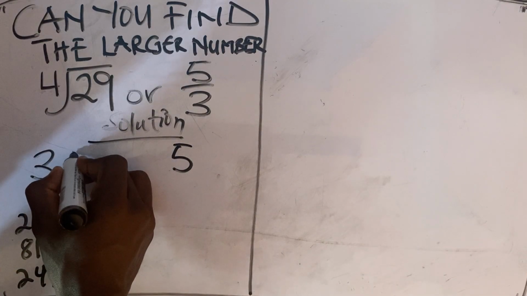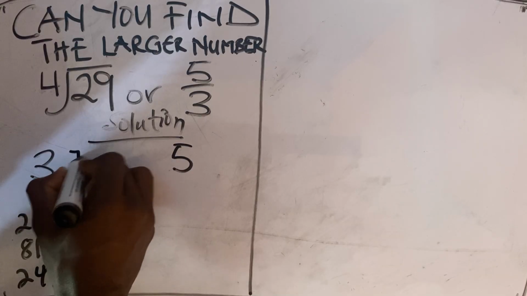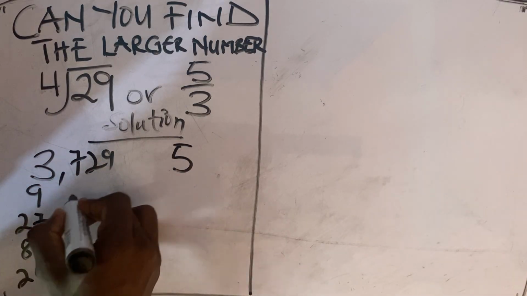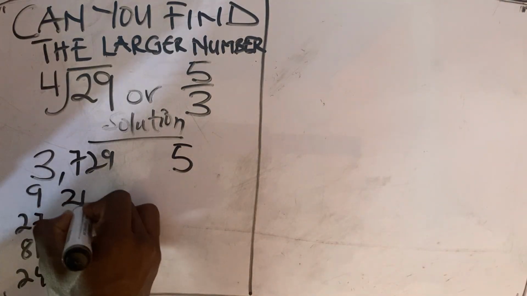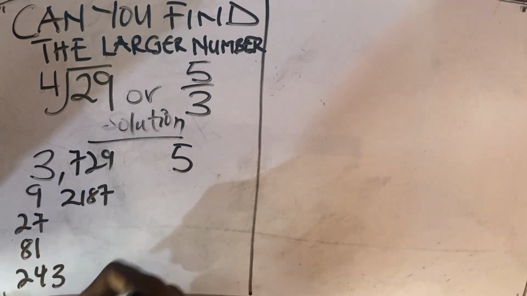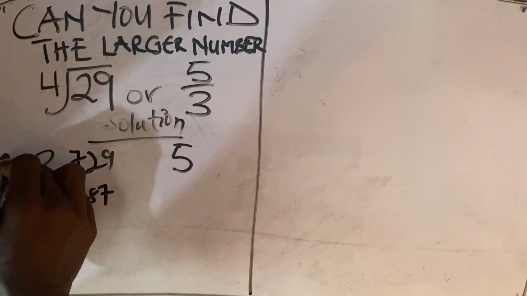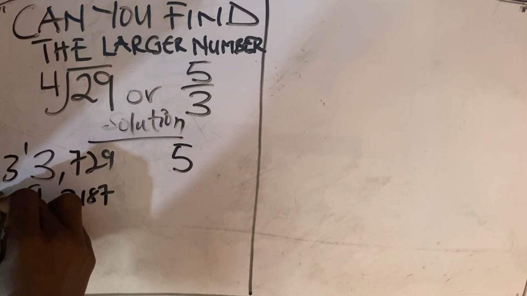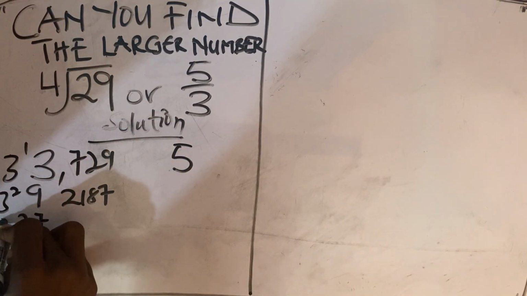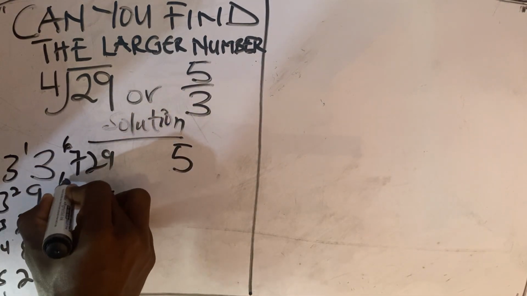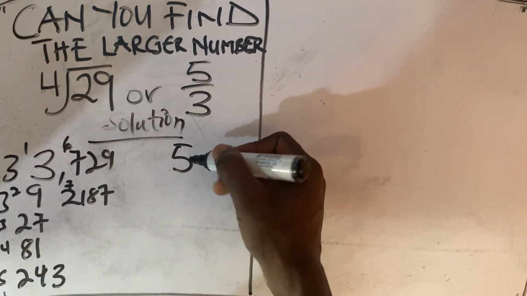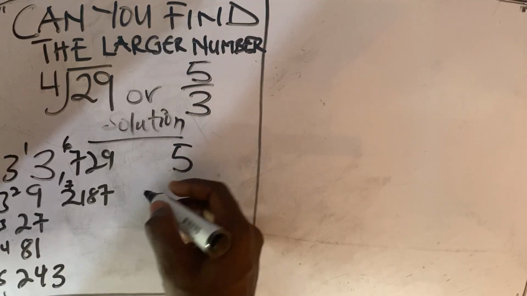If we double it again, we get 729. If we double it again, that is 729 multiplied by 3, we get 2187. So when we keep on doubling, we get these numbers. Remember, this is just 3 raised to the power 1, 3 raised to the power 2, to the power 3, to the power 4, to the power 5, to the power 6, and to the power 7. Take note of that.